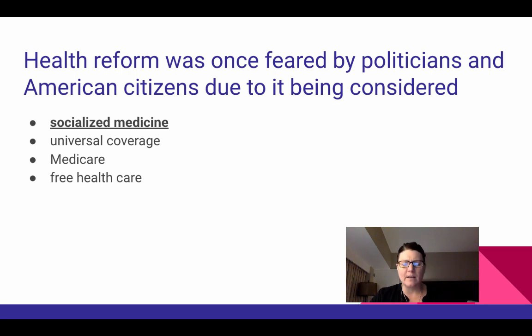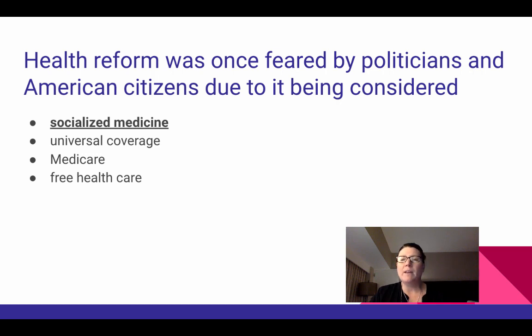And this is discussed in the text, but when Medicare was originally proposed, a system of healthcare that would be reasonable in price to help those in the country that are elderly, it was feared. That was at a time when we were battling communism and the Soviet Union, and there was a lot of fear about those types of government-funded, government-run programs because communist countries had a lot of those kinds of things. So we had that kind of irrational fear.